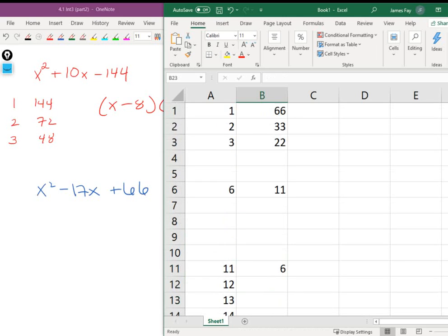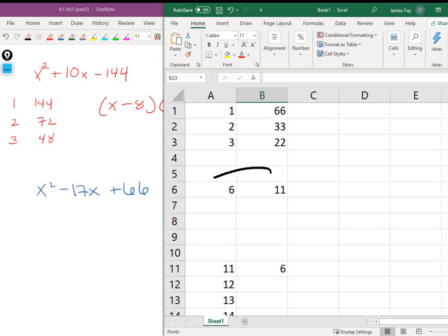Which ones are going to work together to give me 17? When I'm doing this, I've got to view them as being either positive or negative or a combination of them. Which ones are going to add to 6 and 11?